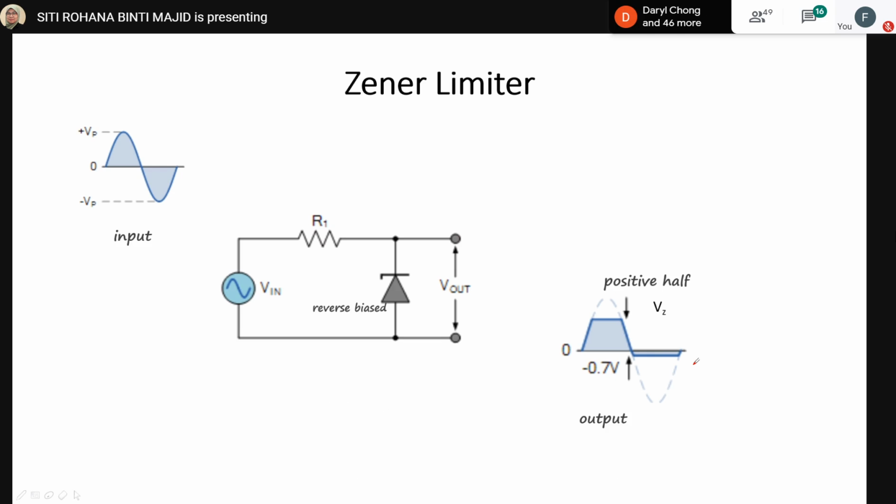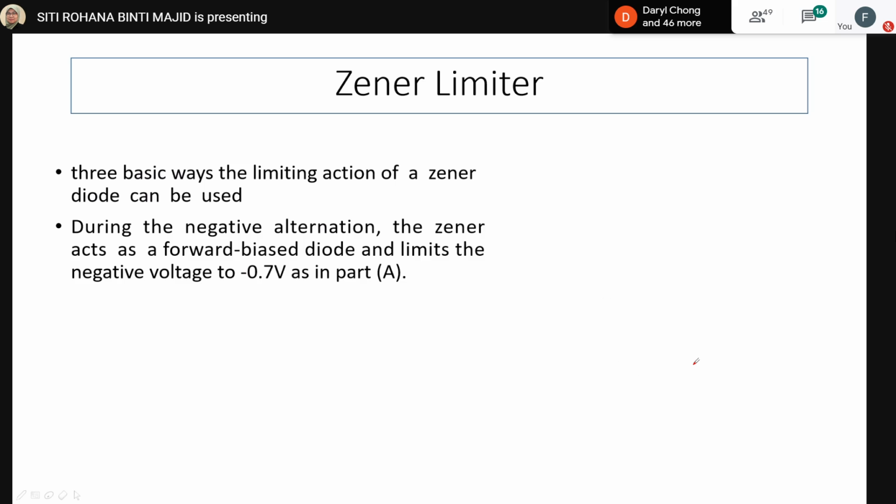There are a few ways to study the clipping characteristic of the clipper circuit.